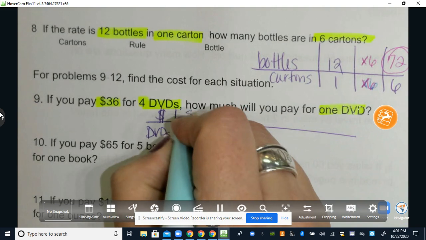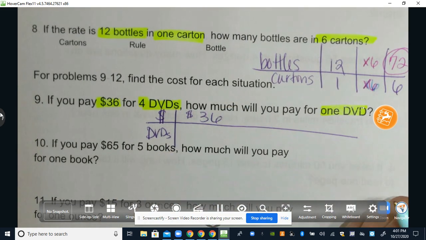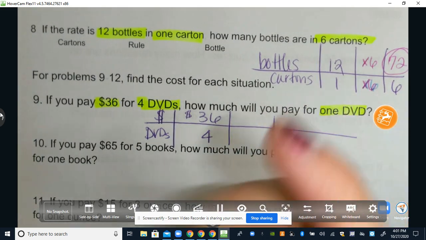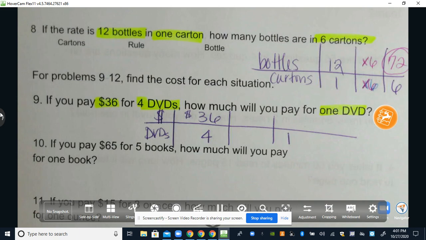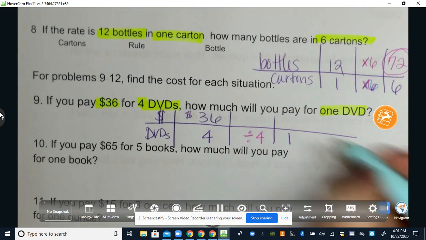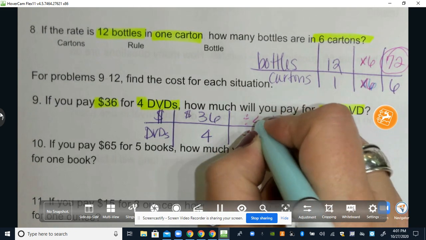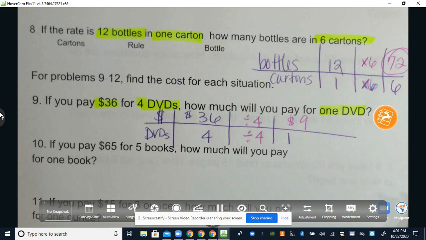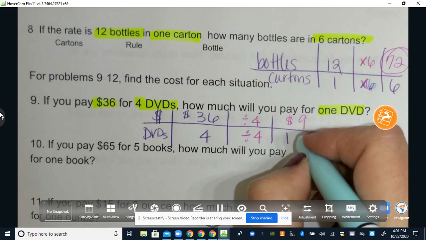I spent $36 and got 4 DVDs. How do I go from 4 to 1? I divide by 4. 36 divided by 4 gives me $9. So it would be $9 per DVD.